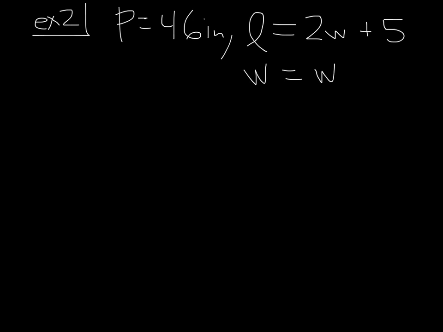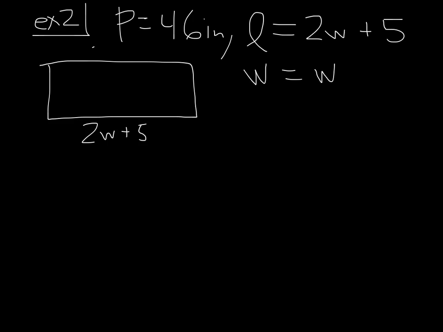So if we think about this, on a rectangle, the lengths, which I'll just mark as lengths, will be 2W plus 5, and these would just be W. And we know that if we add all those together, we get 46. So that's going to become my equation.